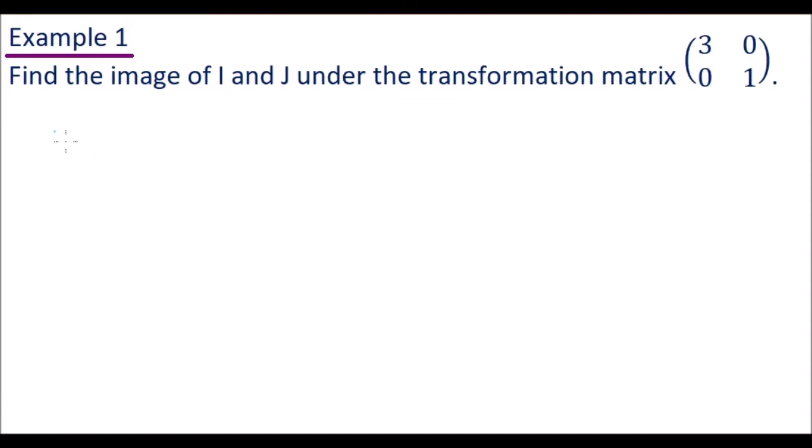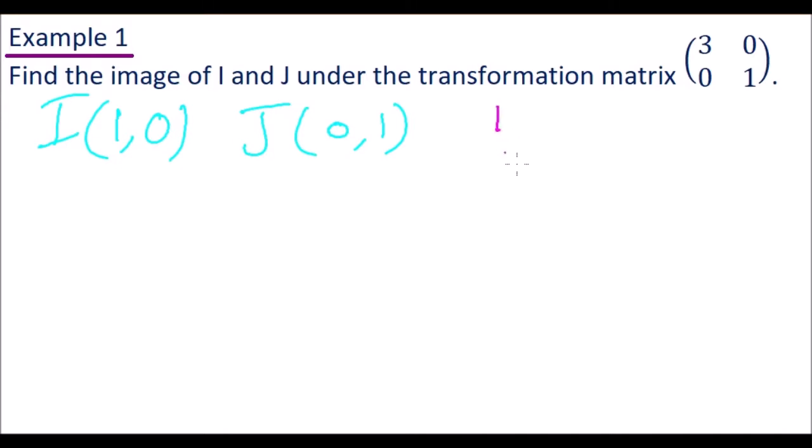So if we take, this is our I, the coordinates of I are 1, 0, and the coordinates of J are 0, 1. So from there, we can form the matrix of I and J. So we have, this is 1, 0, and 0, 1. So this is I, and this is our J.